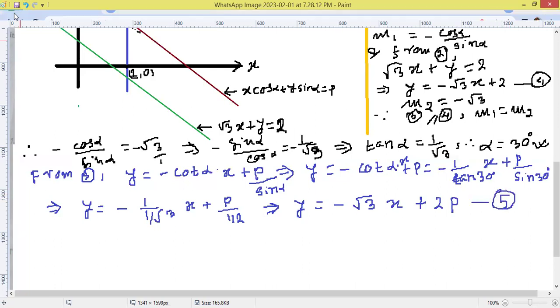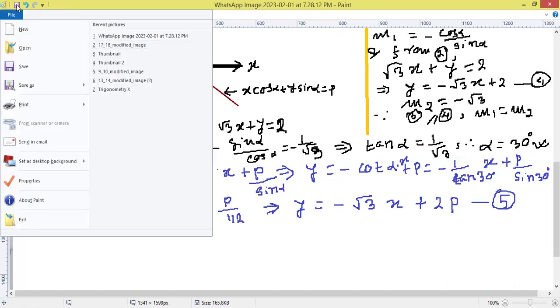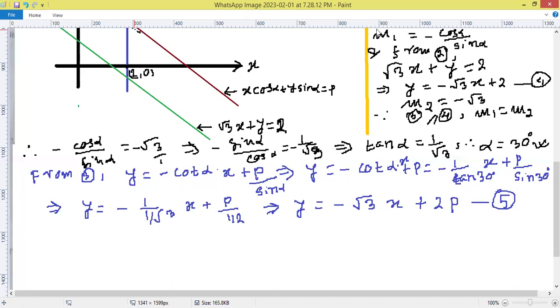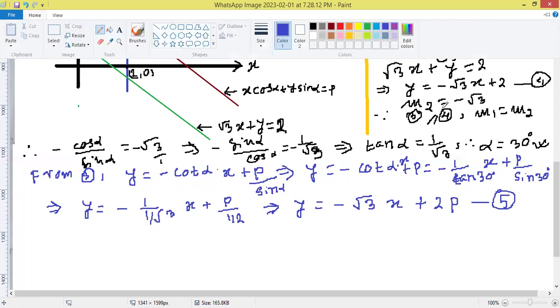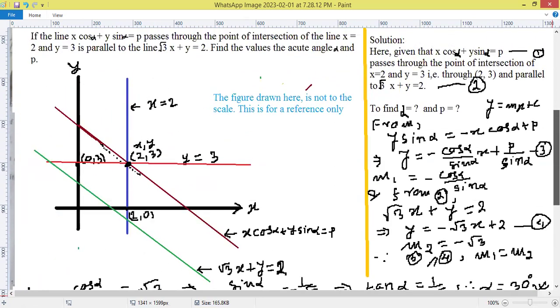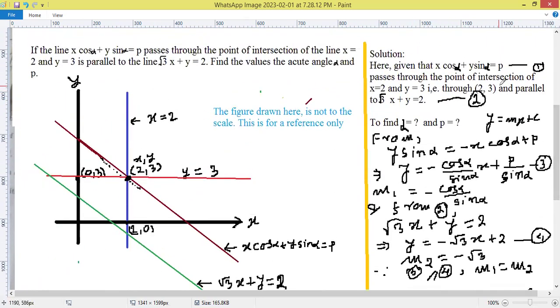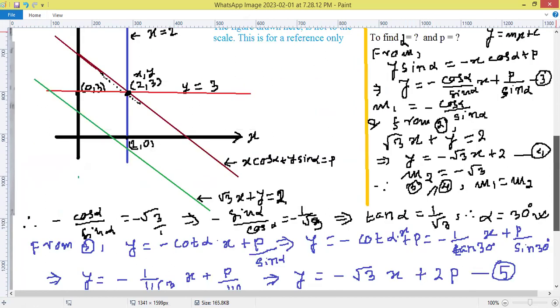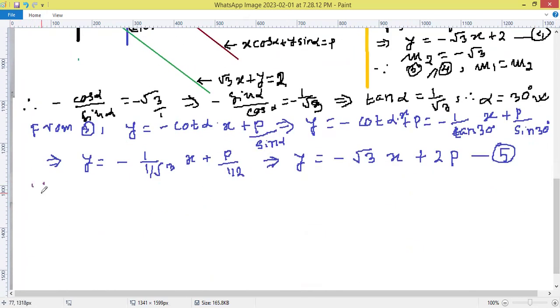Now your question says, you can check here, that the line passes through the point of intersection of x equal to 2 and y equal to 3. That means the x, y value is 2, 3. So therefore, we can write here, since the line 5 passes through the point 2, 3, the point 2, 3 satisfies this equation.